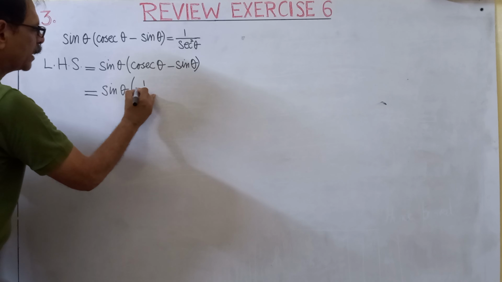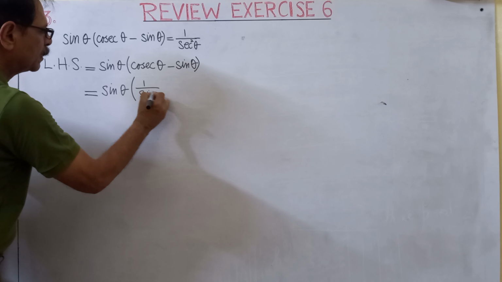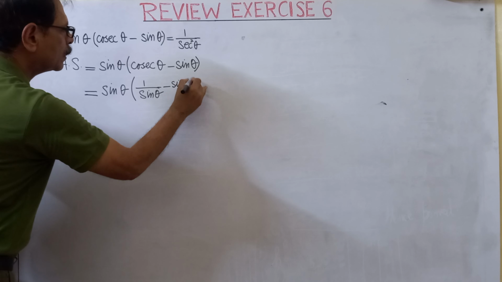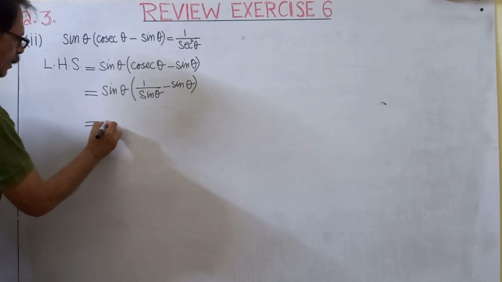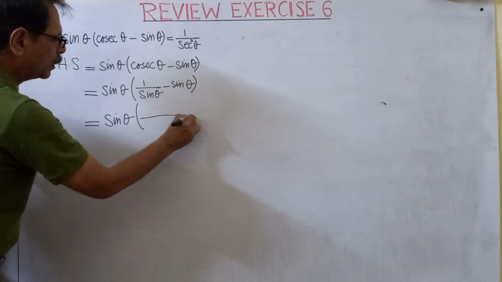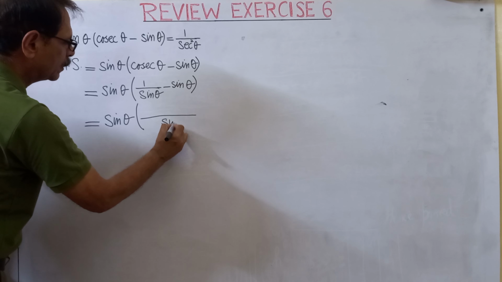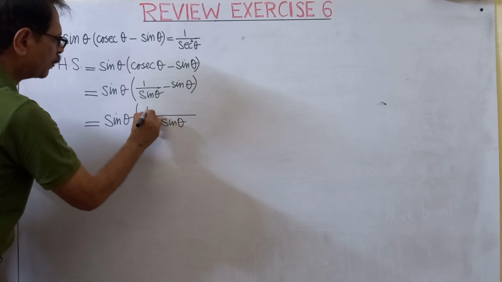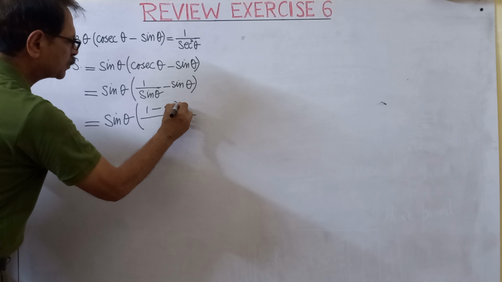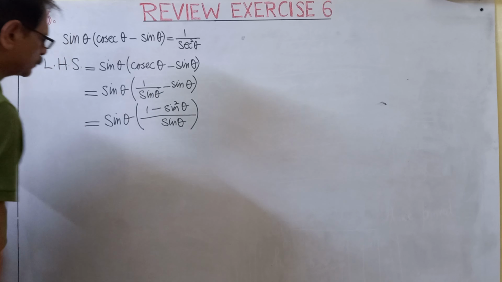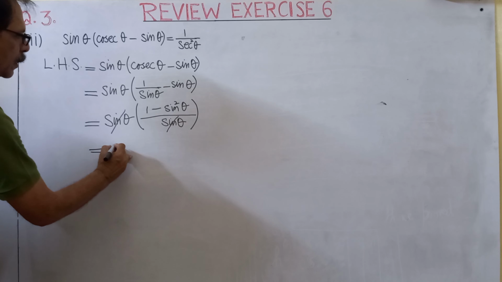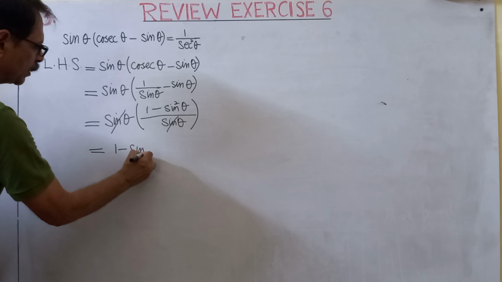Cosecant theta can be written as 1 over sine theta minus sine theta. LCM is sine theta. Here comes 1 minus sine theta into sine theta is equal to sine square theta. Sine theta cancelled with sine theta. 1 minus sine square theta.